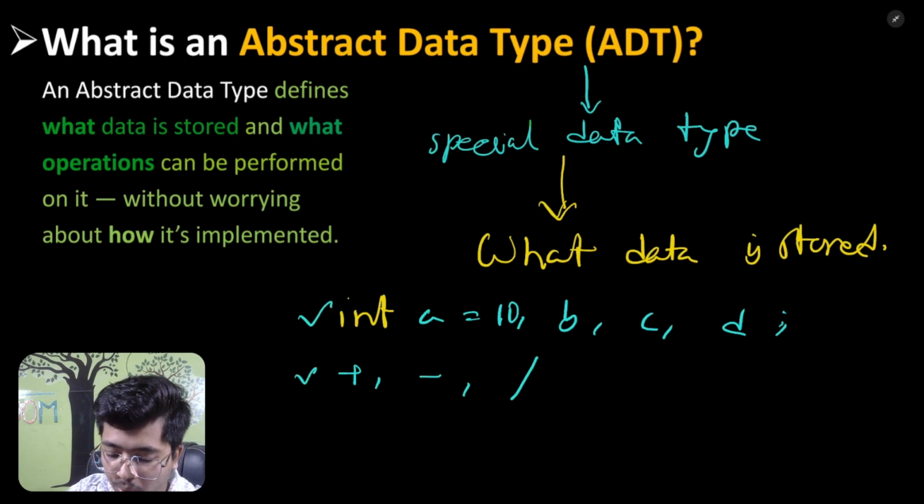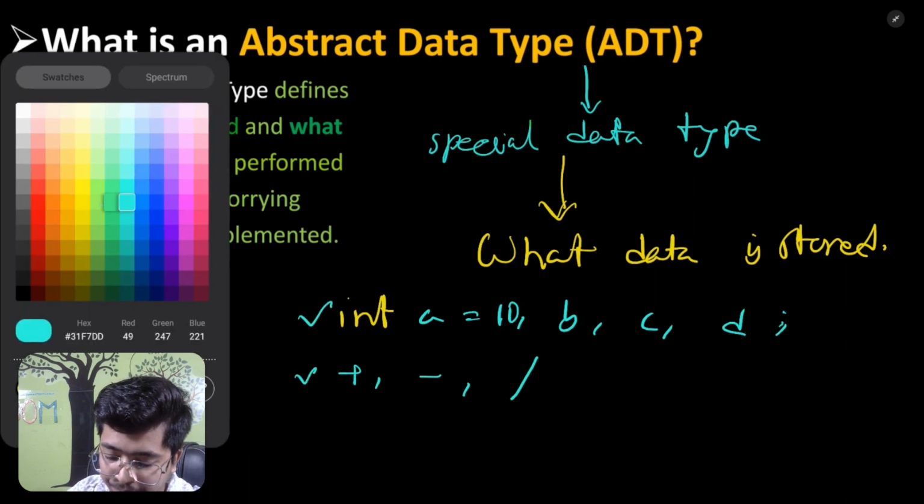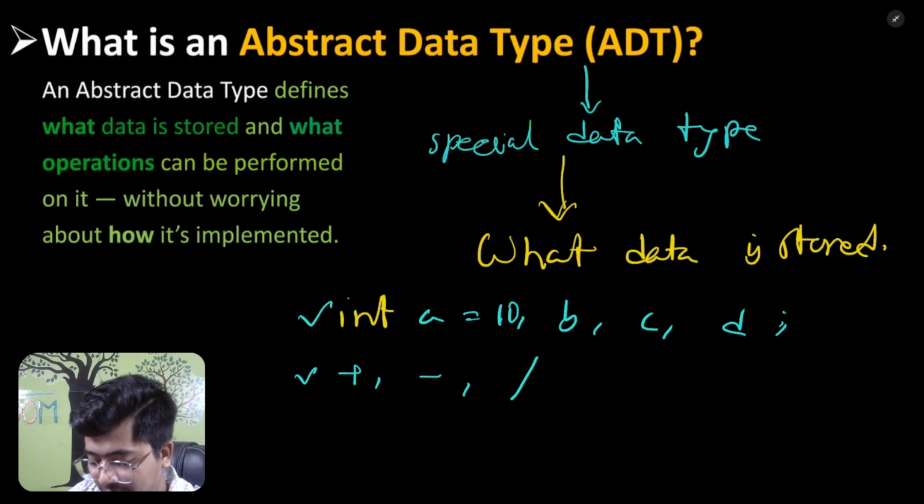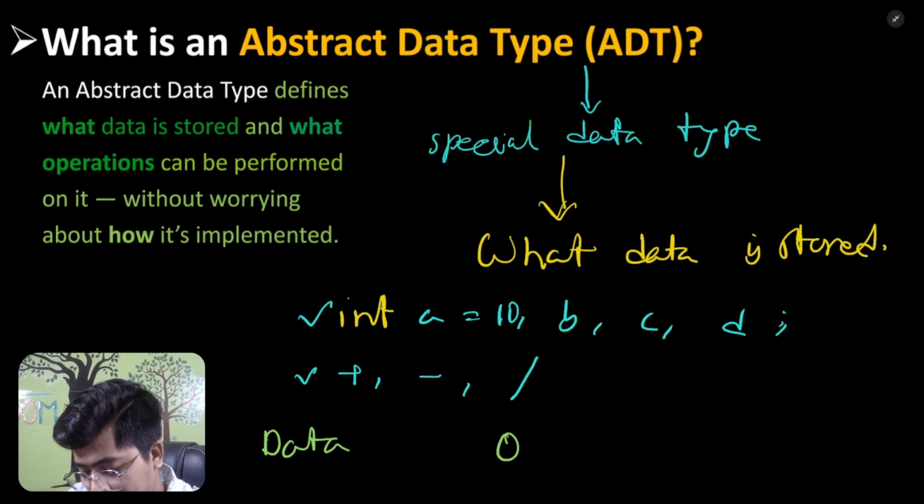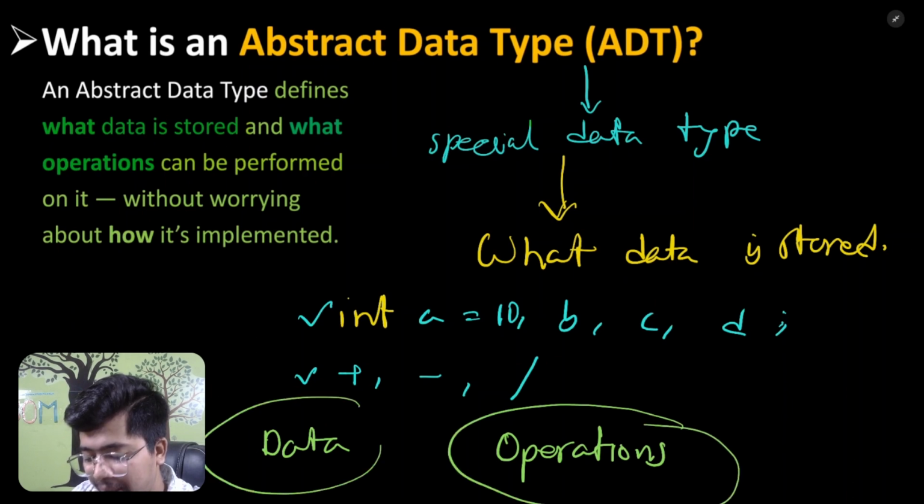These are the operations. So this is a data type where we only care about the data and the operations. When we only consider the data and the operations, we call it an abstract data type. We have no concern about how it's implemented.